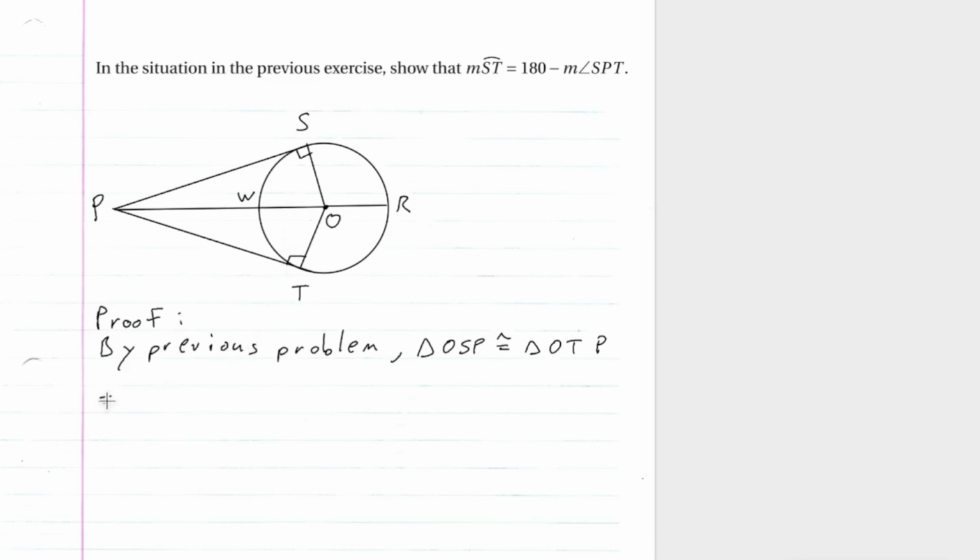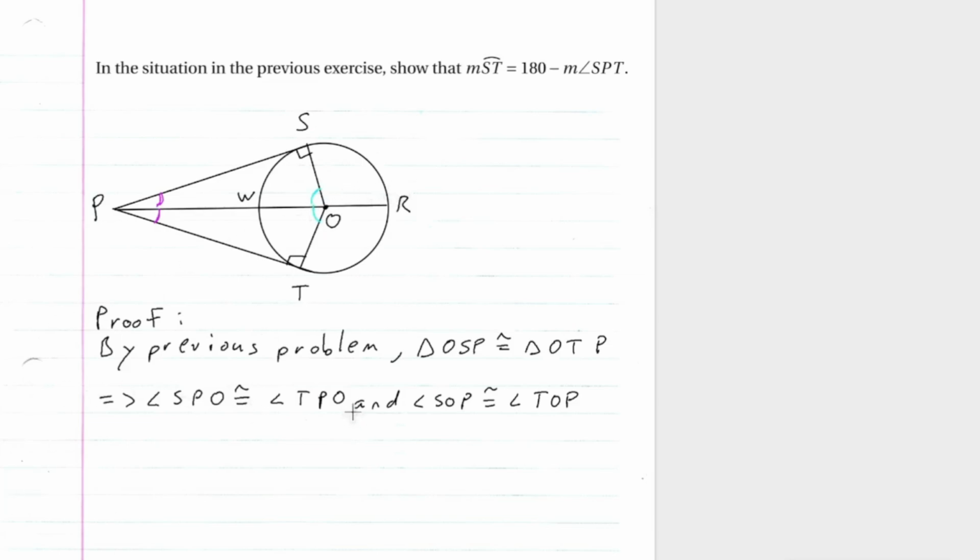So the important things that we're going to get out of this are that angle SPO is congruent to angle TPO, and angle SOP is congruent to angle TOP. Okay, so let me go ahead and arrange that. So this angle here is congruent to this angle, and this angle is congruent to this angle, right?